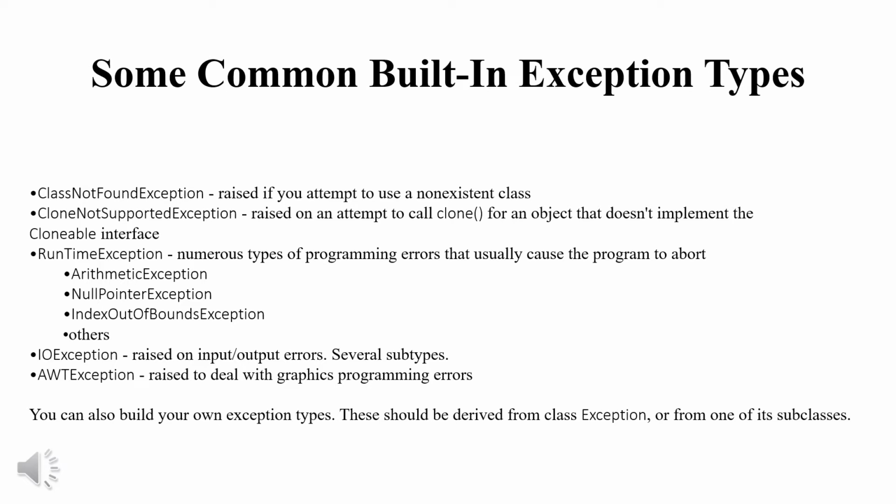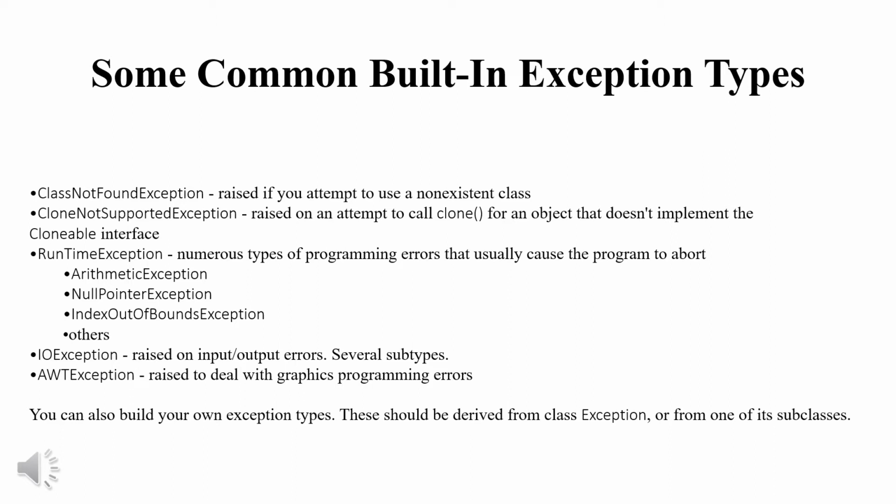That's another type of exception that happens when you are trying to call the method clone for an object that doesn't implement the Cloneable interface. We have talked about clone and Cloneable in the previous session, so you remember what they mean and what they are good for.